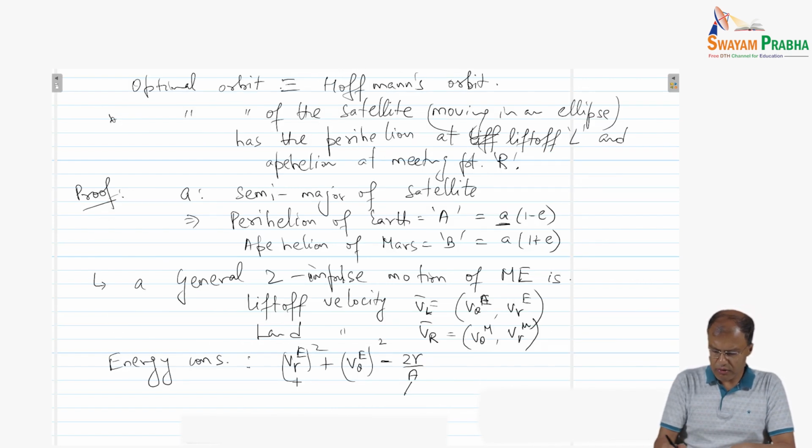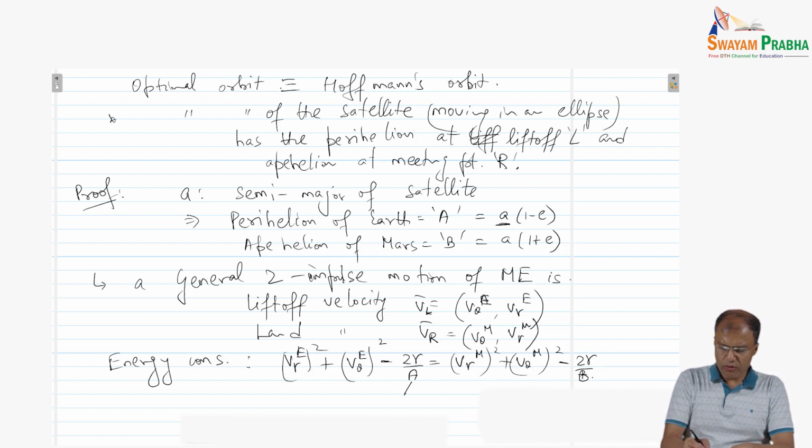And b is the radius of Mars, the distance from the Sun. So this is also equal to VR of M whole square plus V theta of M whole square minus 2 gamma by b.